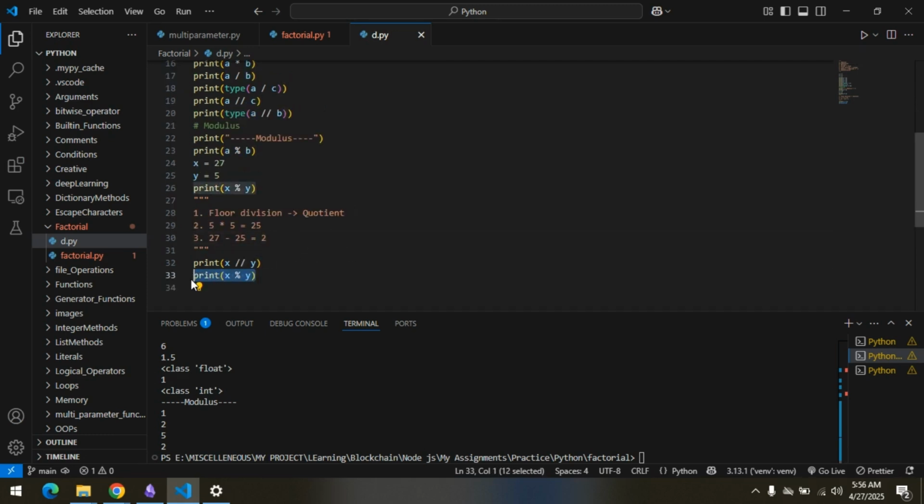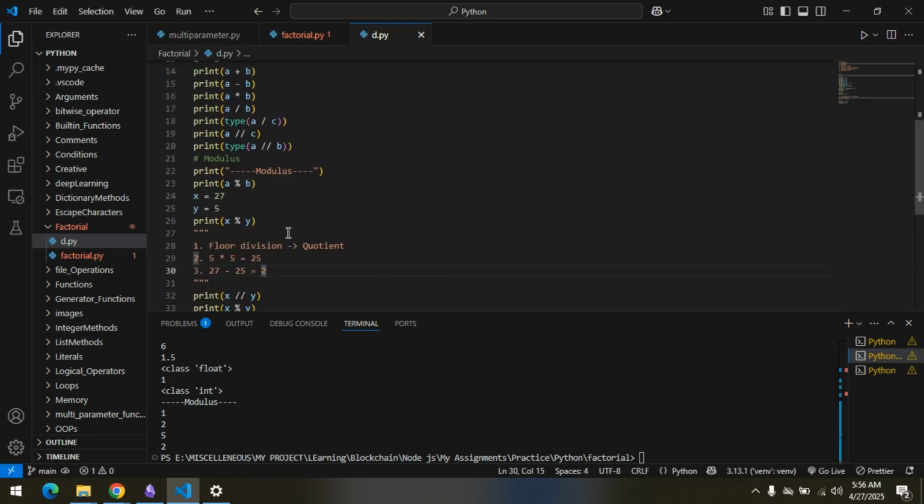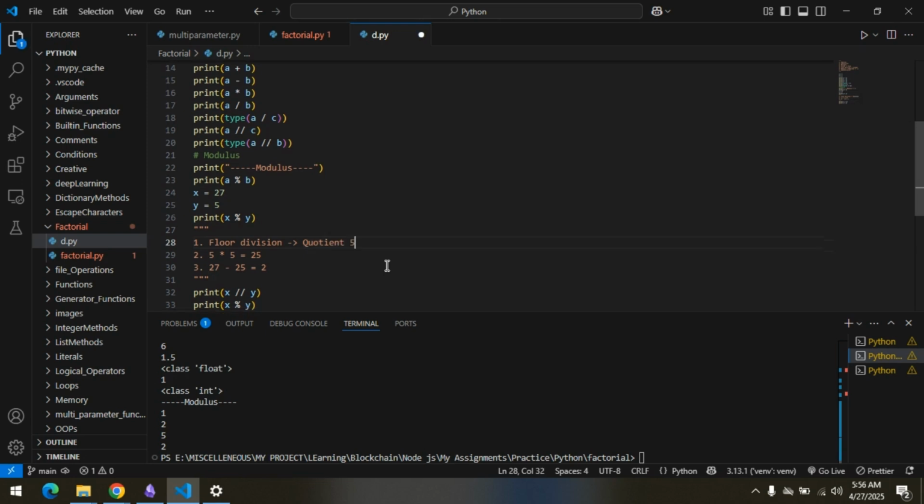So if you want to do it in your memory, because if you're writing a program and you just don't have the time to write a print statement to check the remainder, you can just do it by looking at the two numbers. So it's 27, right? You do the floor division. You can just check how many times 5 can be divided in 27.